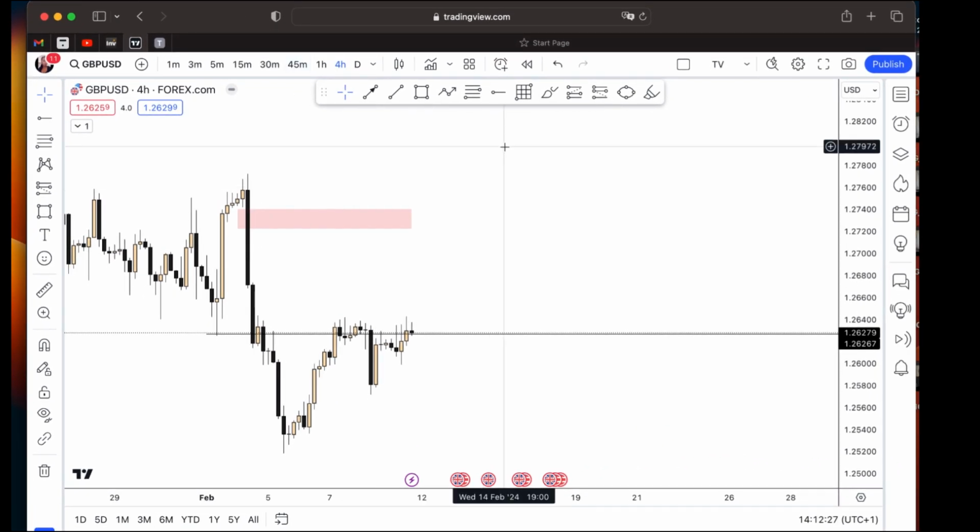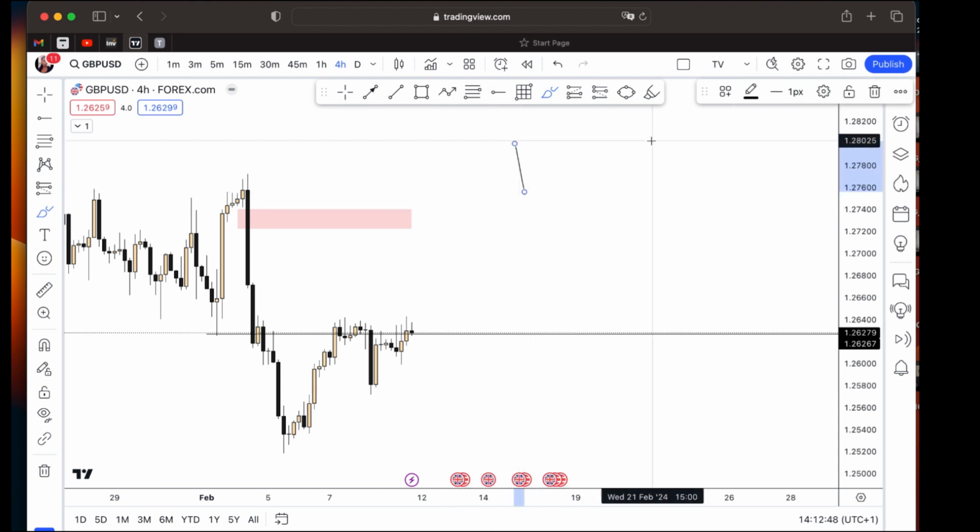Why I do that is because it's part of my risk management course, why I trade 1 to 3, anything above 1 to 3. Because if you are risking 1% of your account per trade, that means if you lose one trade, you lose 1%. If you trade again and it hits its stop loss, your account will be down by 2%.